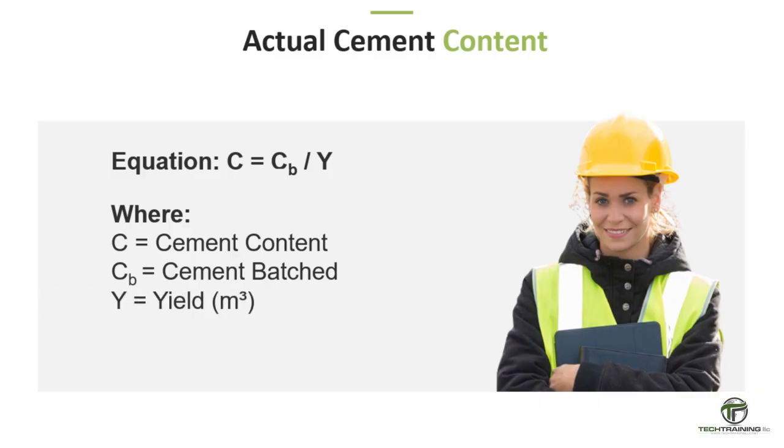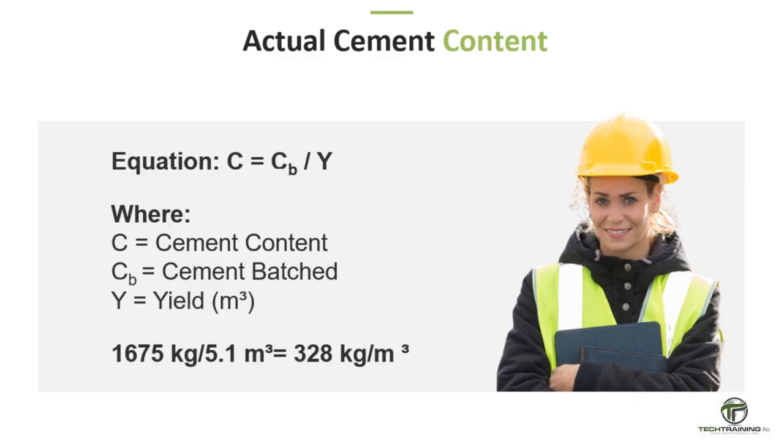So here, the cement batched, or CB, is 1,675 kilograms: 355 kilograms of cement multiplied by the 5 cubic meters of concrete for which we designed. The yield has been established to be 5.1 cubic meters. Therefore, 1,675 kilograms divided by 5.1 cubic meters equals 328 kilograms per cubic meter.